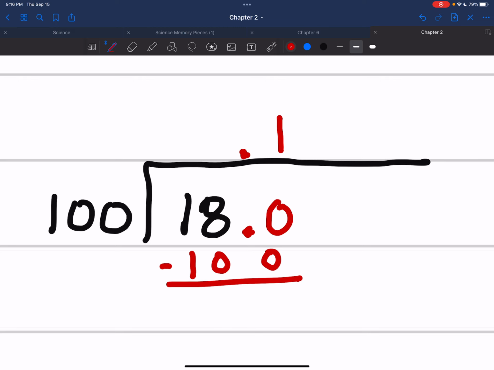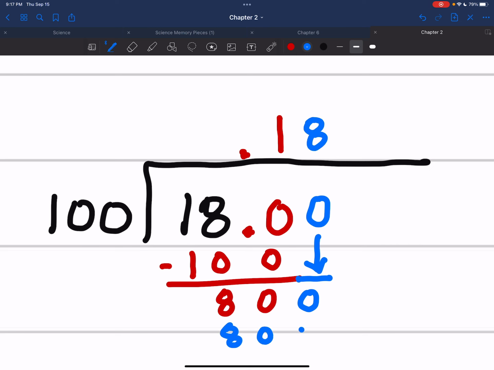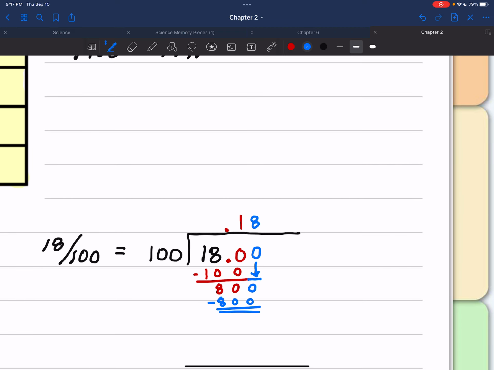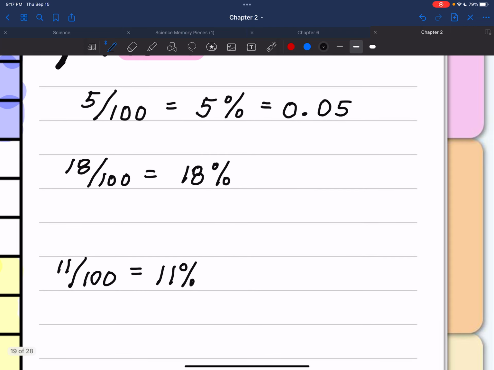And so you will have 8 left over, 0. And then I will add another 0 and bring it down to get 800. And 100 into 800 is 8 times. And that comes out to be no remainder. So 18 hundredths is the same as the decimal 0.18.